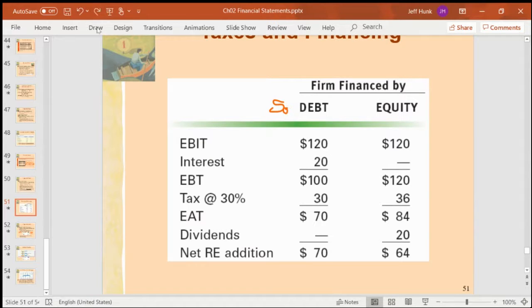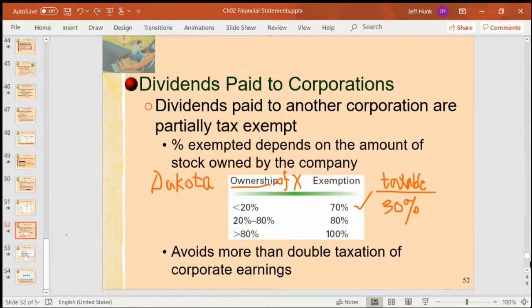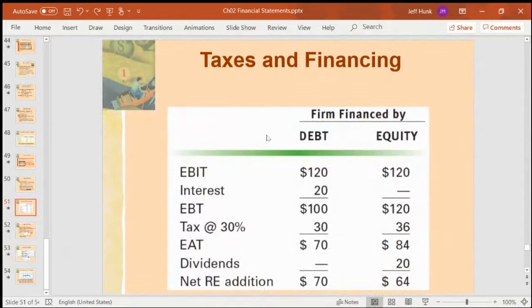This company has some debt, and this company has all equity.